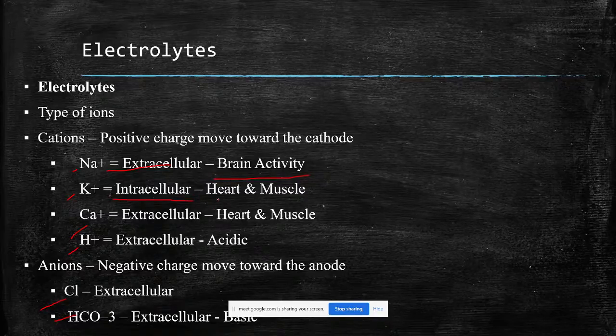If the doctor is predicting any deviation in heart and muscle activity, he will ask you to measure potassium level, and if there is any deviation in brain activity, then the doctor might ask to measure sodium ions. Calcium ions are prescribed when there is variation in heart and muscle activity. Protons are asked to be measured when the patient is suffering from acidosis or alkalosis.